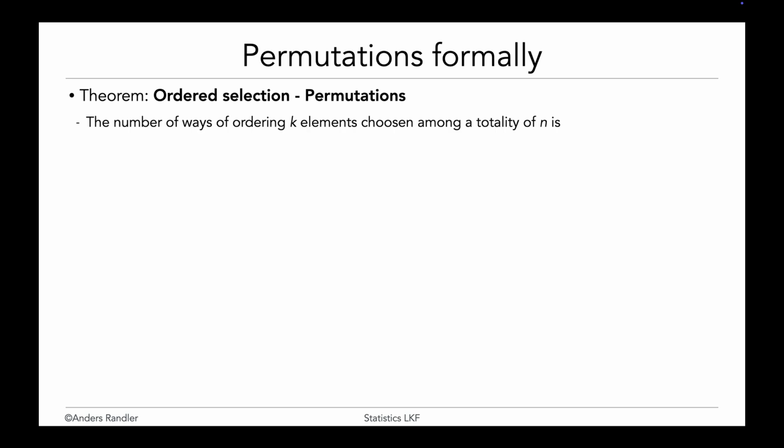The number of ways of ordering k elements chosen among a totality of n is this. Why is that? Well, when you choose the first element, you have n ways to choose. And the second, well, you've taken 1 away, so n minus 1, etc. If you remember, if you have 10 students and you're supposed to pick, say, 3, the first one, you can pick the first one in 10 ways, the second one in 9 ways, and the third one in 8 ways.